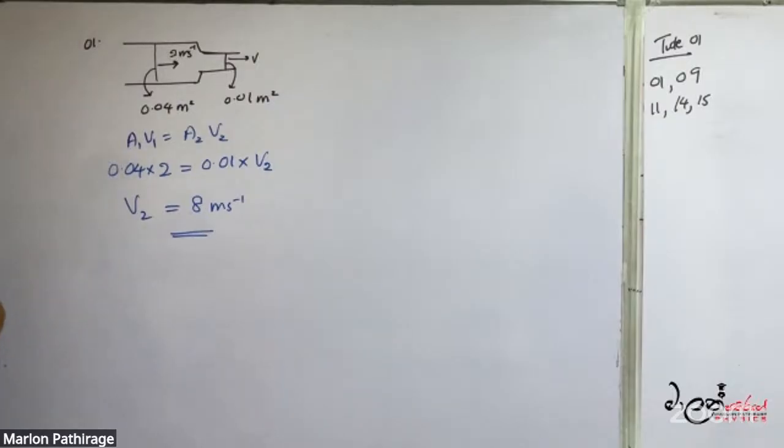A river with a width of 12 meters and depth of 2 meters flows at a velocity.